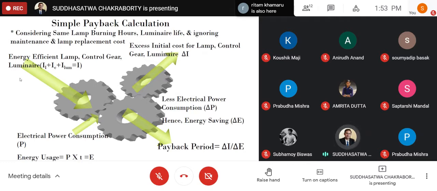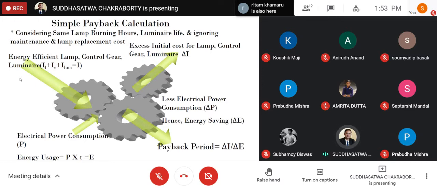So this extra 150 rupees you have paid as your initial investment. But think about it: after installing the electronic ballast, your daily electricity usage, converted to the monthly electricity bill, shows a huge saving. So you are saving a huge amount of electricity bill using electronic ballast instead of the electromagnetic one.